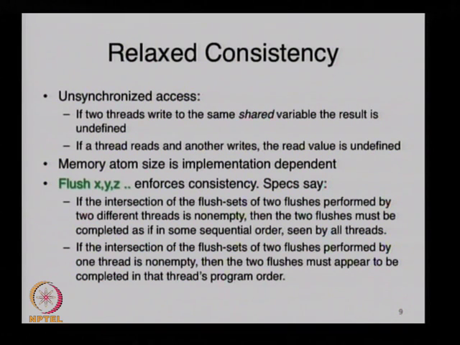This is not even talking about private. It says that if two threads write to the same shared variable and they're not synchronized with respect to each other, then after the two have written, I don't know what the value of the variable is. It will be one of those two, but I don't know which one.